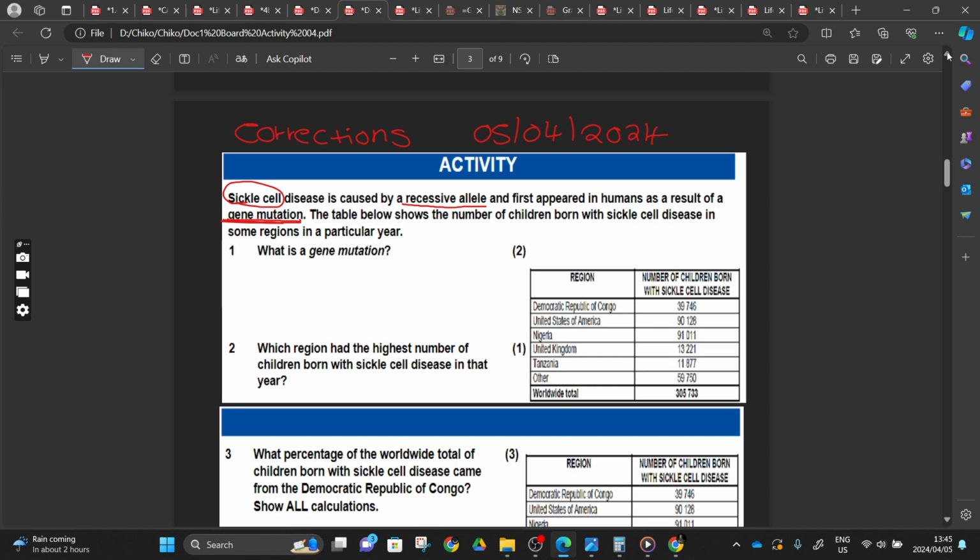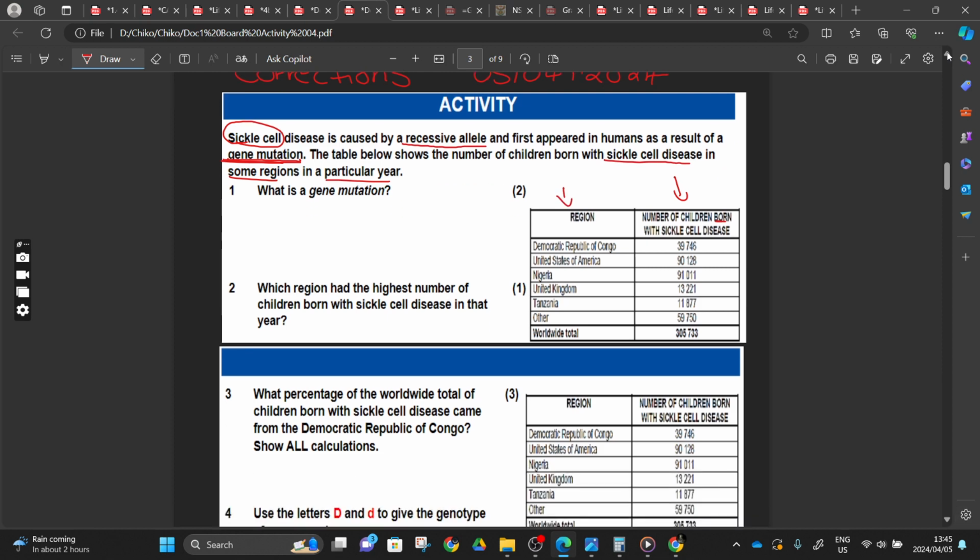But the table below shows the number of children born with sickle cell disease in some regions in a particular year, right? So these are the number of children born with sickle cell, and this is the region, right?